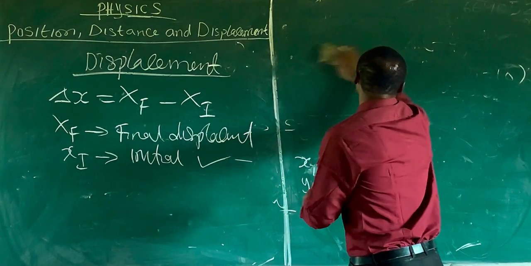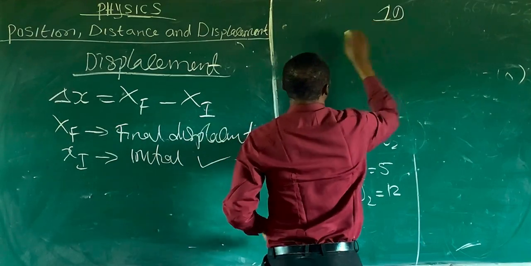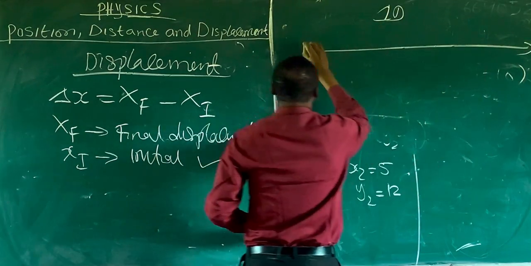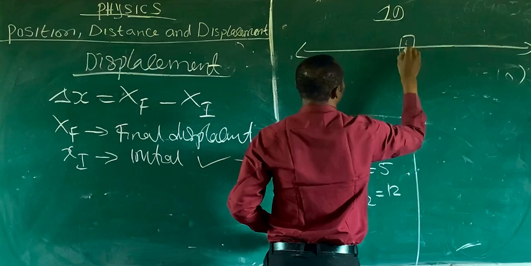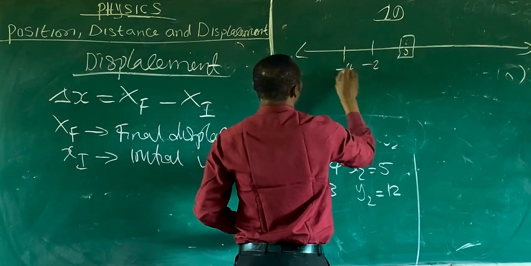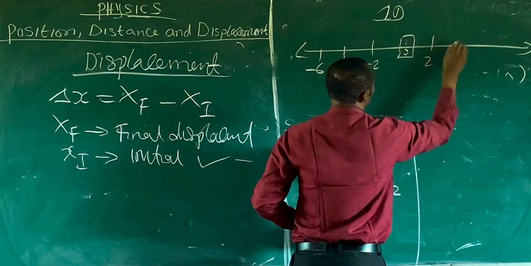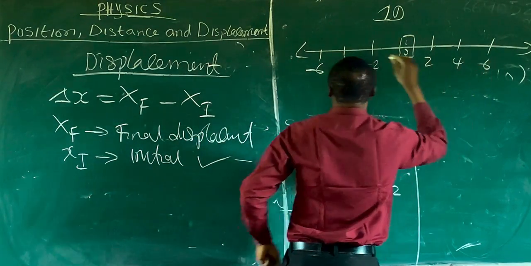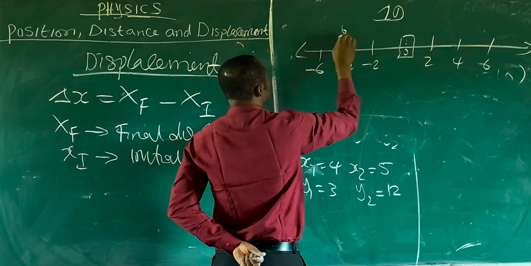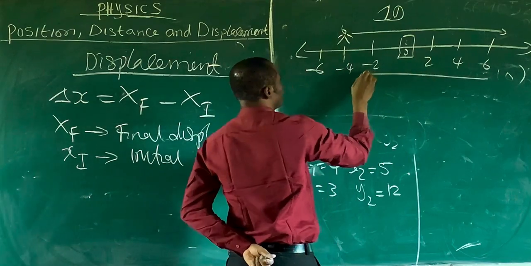Under the 1D, which is always a straight line, the number line, we have the point of origin, here 0. So we have minus 2, minus 4, minus 6, and here 2, 4, and 6. These guys start from here, and then walk towards this side, and then towards this side.